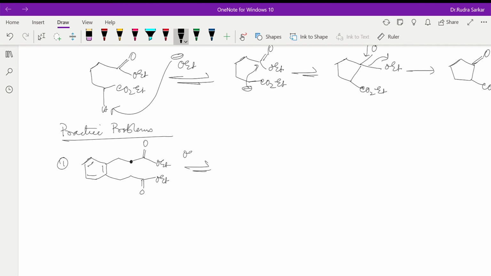Now in presence of OEt, we can think that this hydrogen can be abstracted. Okay, we use a different ink for clarity. This hydrogen can be abstracted. So what can happen? It's better to learn the mechanism for such molecules. Okay, so it has CO2Et. There is your minus. This is your CO2Et.